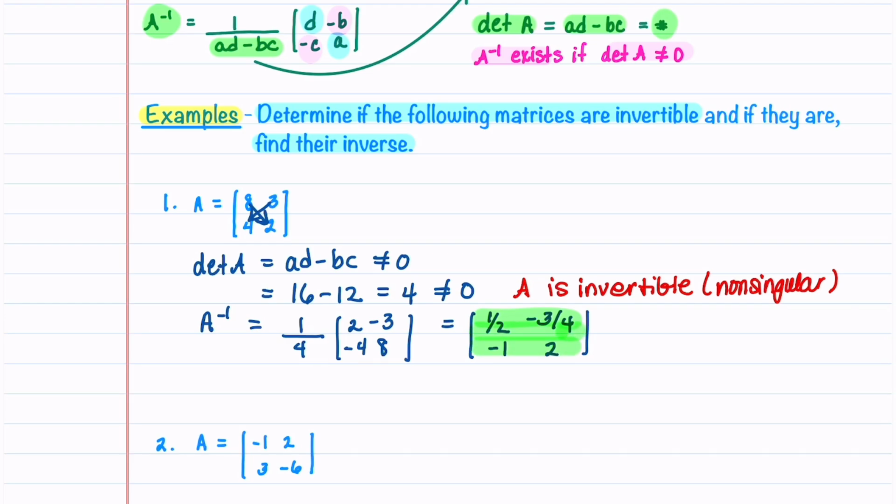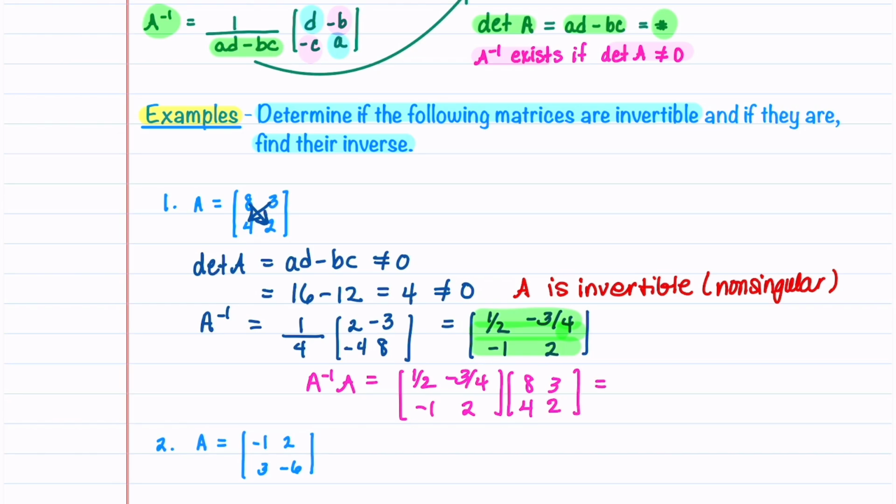Linear algebra has a lot of nice built-in checks in it. The built-in check for determining if A inverse is correct is to take A inverse and multiply it by A. Let's go ahead and do that. We have 1/2, minus 3/4, minus 1 and 2, and we multiply that by our matrix A, 8, 3, 4, 2.